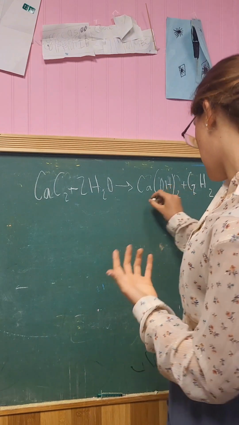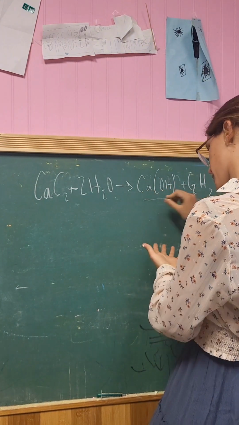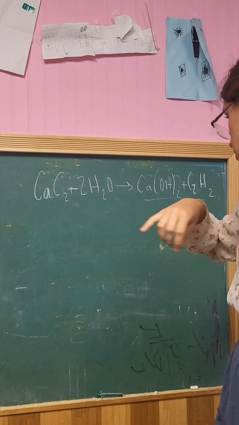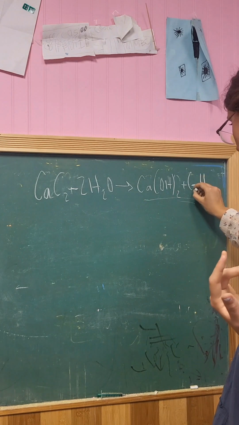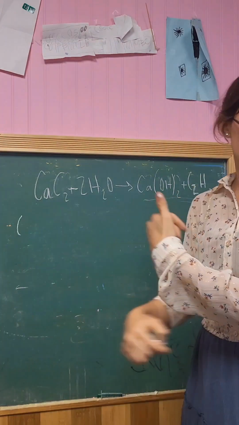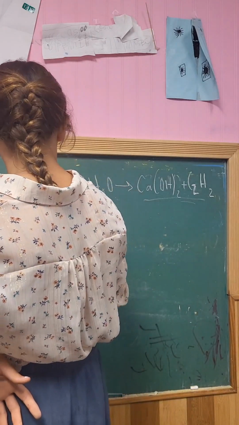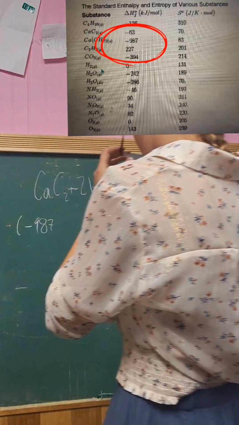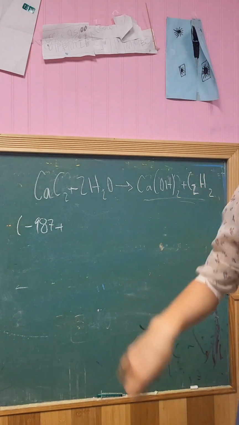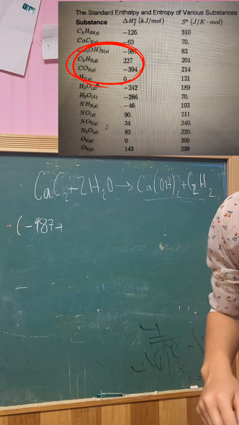Formula is enthalpy of our products minus our reactants. So we're going to add this all up. We're going to look at our chart, and we're going to add that to C2H2. That tells us it's 227.